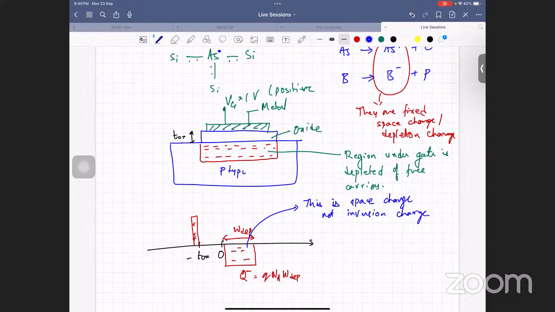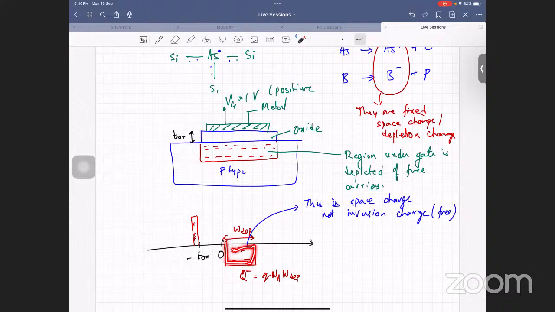Inversion charge also is negative, but it is free to move around, right? Or at least electrons, correct? So why does the inversion charge come about if you have a depletion region? Remember, always your semiconductor wants to be in equilibrium. When you create a depletion region like this, you are pushing the semiconductor out of equilibrium.